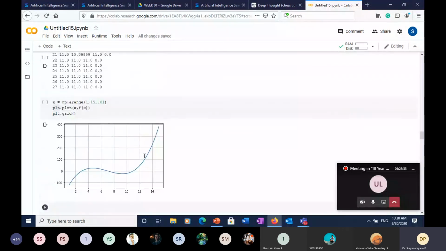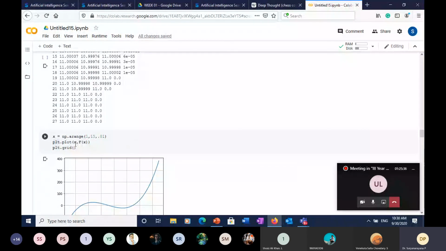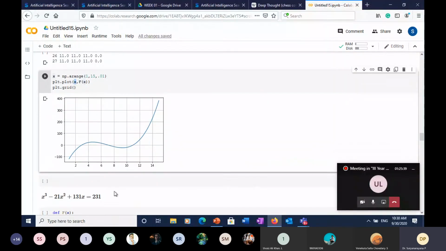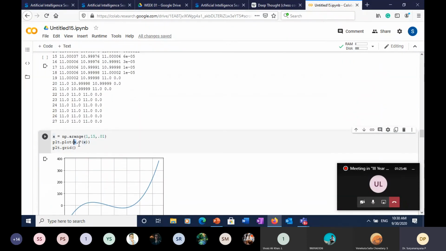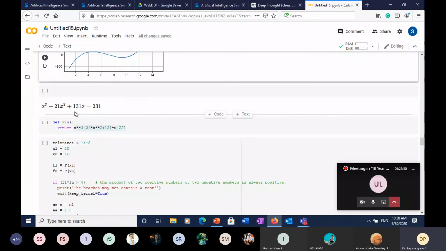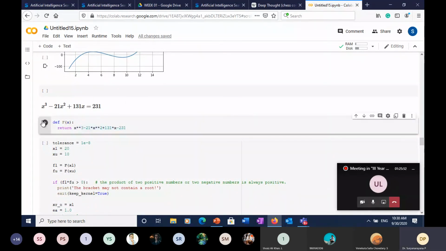Where is that? Here. See, I'm calling the plot function. I'm passing two arrays to it. First array is this x that I created, where x is changing from 1 to 15. And the second array I'm passing is whatever this function returns. See, this is the function we described.